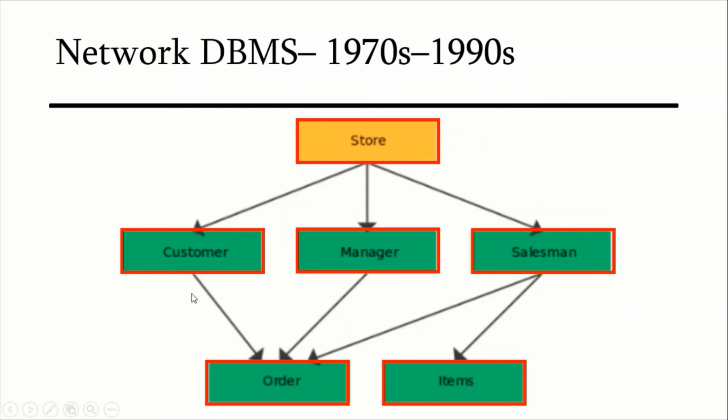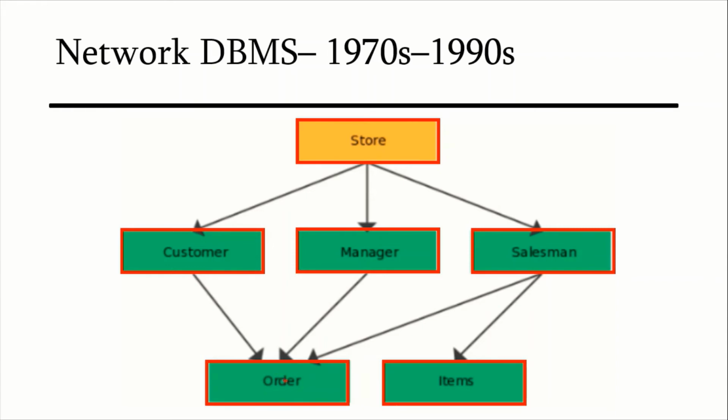Now this is the example for network DBMS, where here it is a store. Now in a store, we have customers, and there may be some managers and some salesmen, right? Customers can order the goods, or managers can order the items, and at the same time salesmen can also order the items.